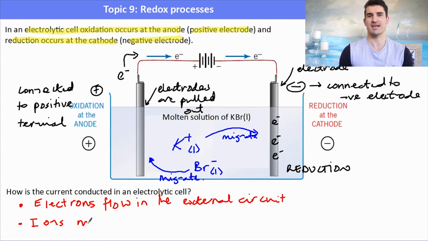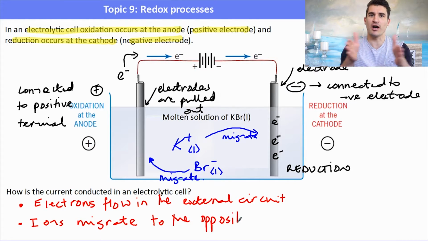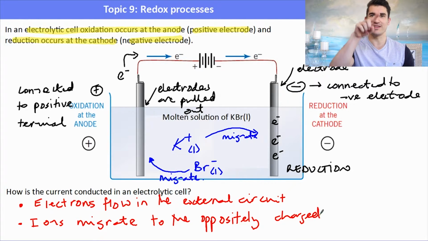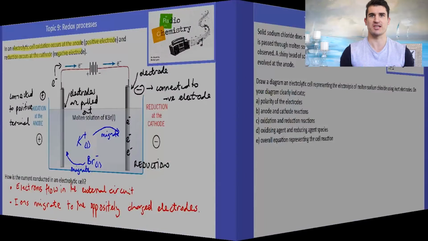So in this case, the potassium ions migrate towards the negative electrode, the bromide ions migrate towards the positive electrode, and that migration of ions allows a charge to flow. So the electrons move in the external wires forced by the battery, and the ions move in the solution, which completes the circuit. We don't have half cells for an electrolytic cell, it all occurs in one beaker.